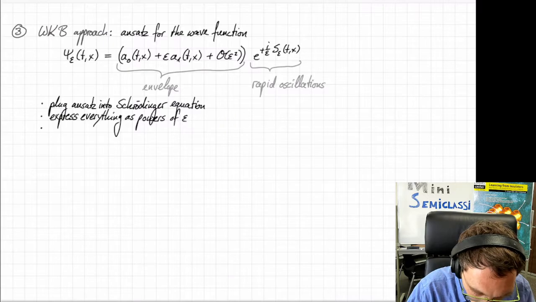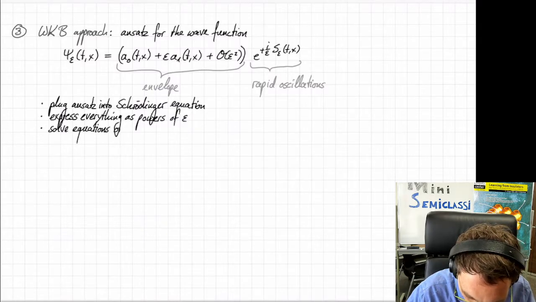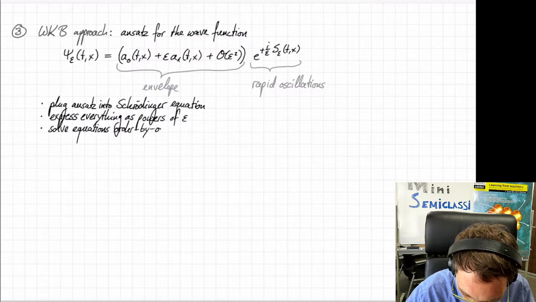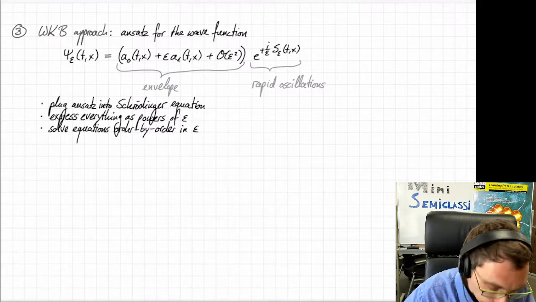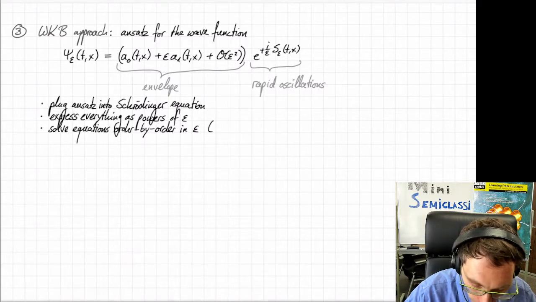And then you solve these equations order by order in epsilon. And of course, the secret here is that these are coupled equations.